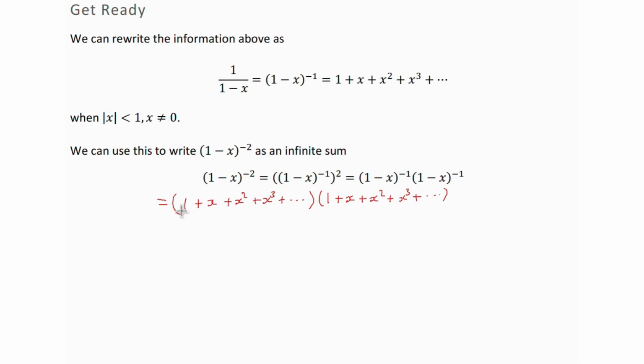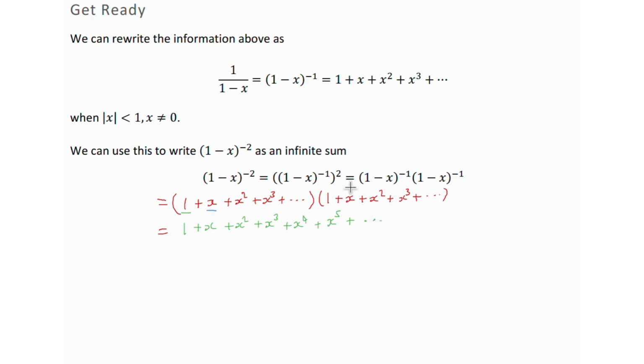First of all, we're going to multiply 1 by everything here. So we're going to do 1 times 1, and then 1 times x is going to give us plus x. 1 times x squared is going to give us plus x squared. 1 times x cubed is going to give us plus x cubed. I'm going to write a few more terms.